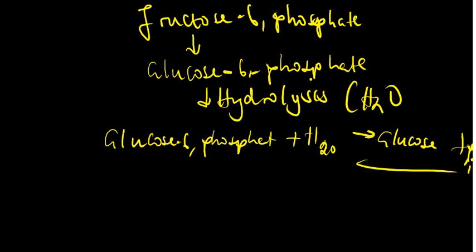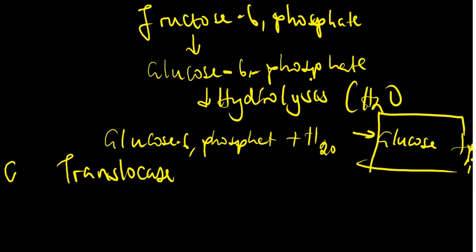Glucose 6-phosphate translocase, which I'll write as G6P translocase, needs to transport glucose 6-phosphate across the endoplasmic reticular membrane, and then the enzyme in the endoplasmic reticular membrane, glucose 6-phosphatase, removes the phosphate, producing the free glucose.